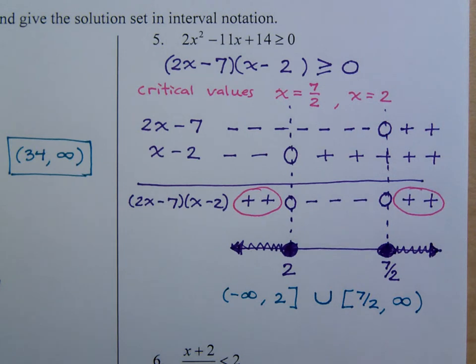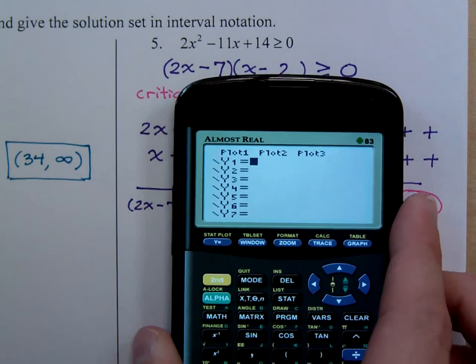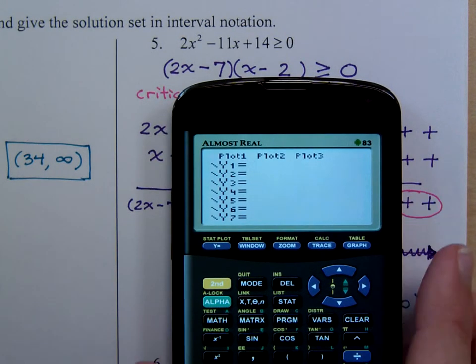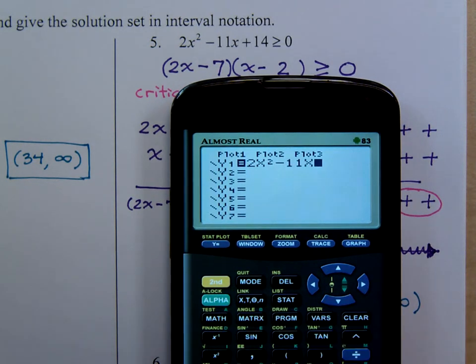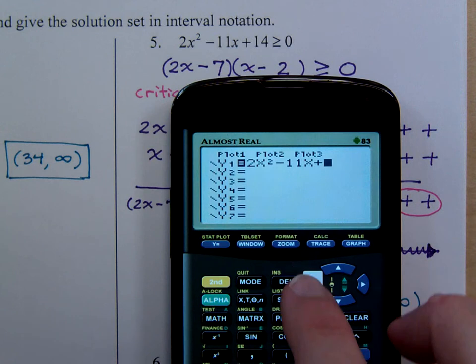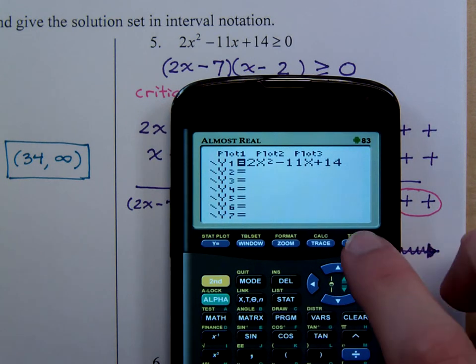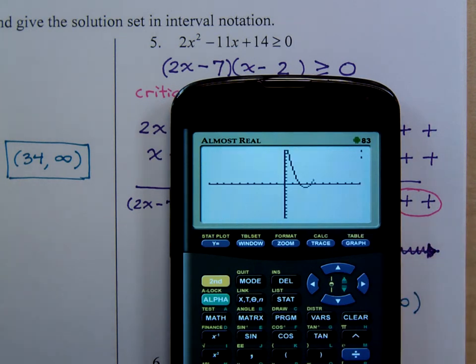Now, one of the things that you can see here is what this looks like on a graph. So let's check that out real quick. If I were to graph this original inequality, which is 2x squared minus 11x plus 14, and there's the graph.